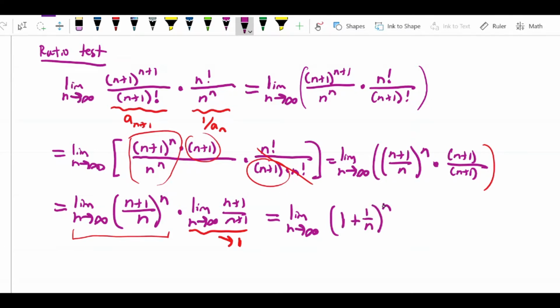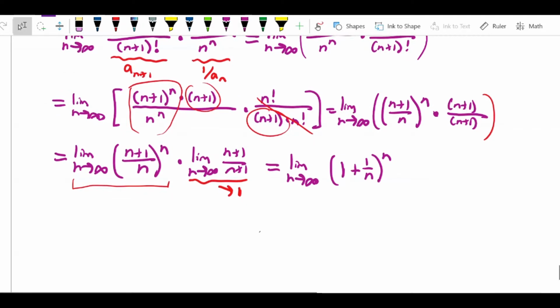Now some of you may recognize this. We did this problem earlier as a L'Hopital's rule problem. So I'd invite you to go back to the lecture on sequences where we calculated this type of limit. But you have to recognize this thing in the parentheses is becoming 1 plus 0, so that's approaching 1, and then of course the exponent is approaching infinity.